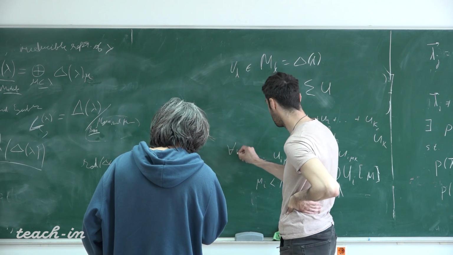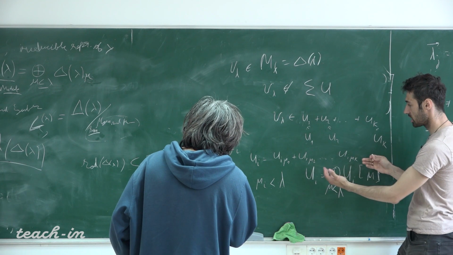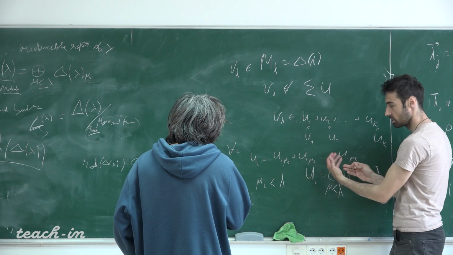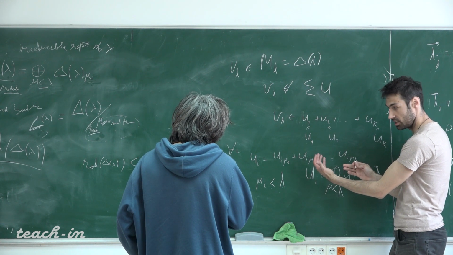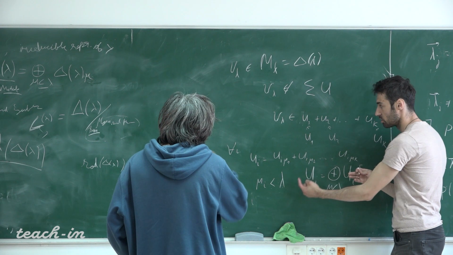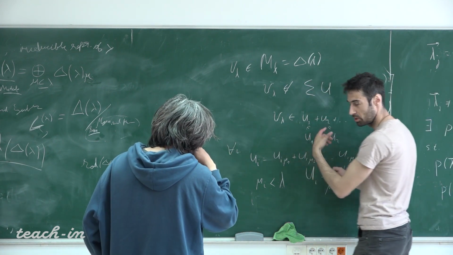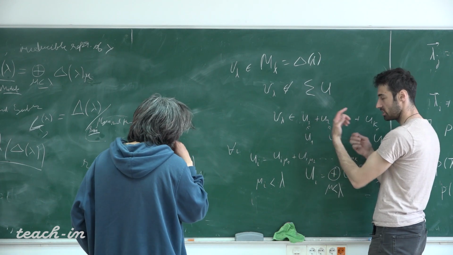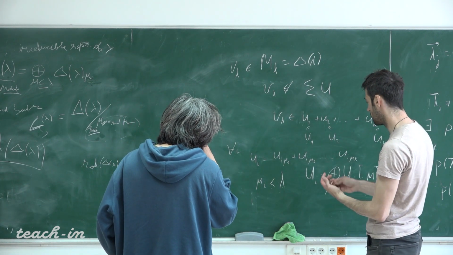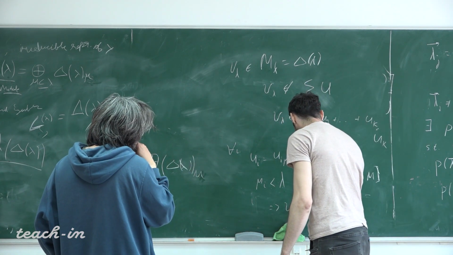So this sum is a sum of weight vectors, and each weight is strictly less than lambda. Therefore you can never get v lambda out of that, because the weight of v lambda is exactly lambda. So v lambda is not inside this sum.